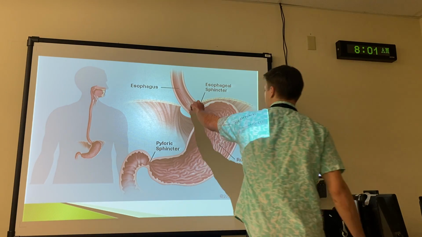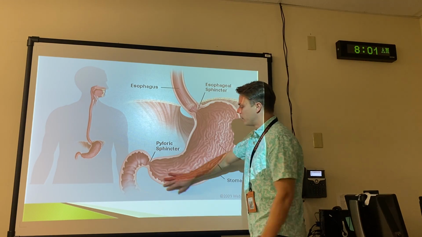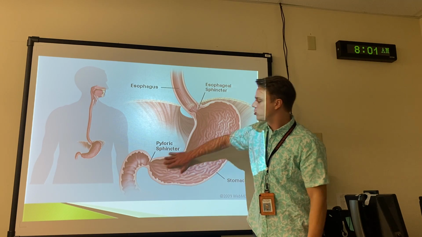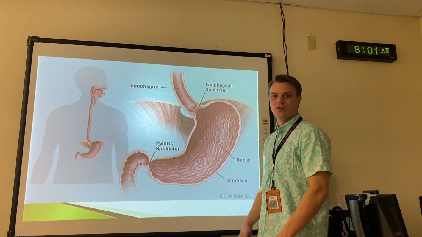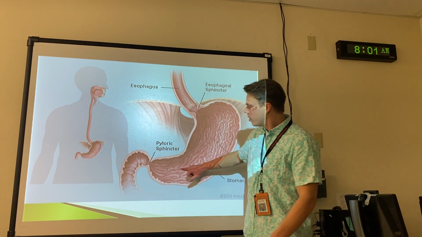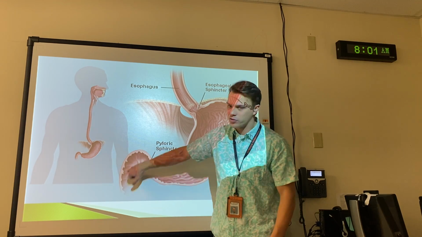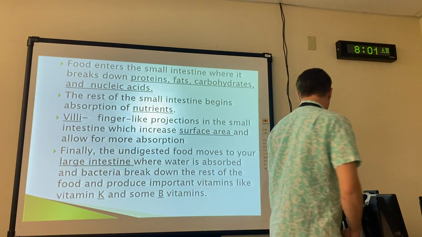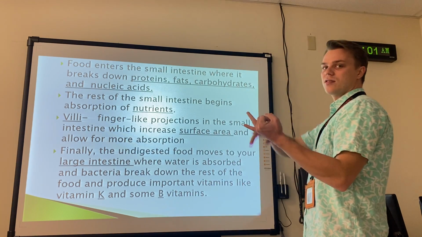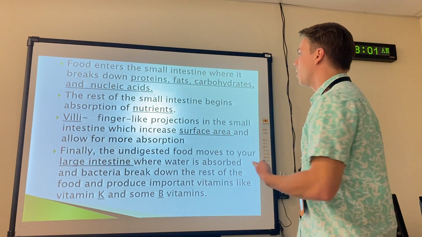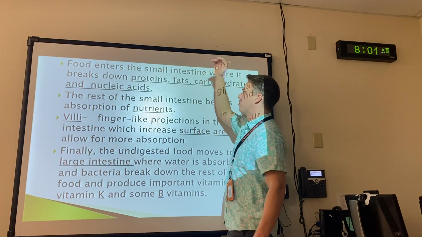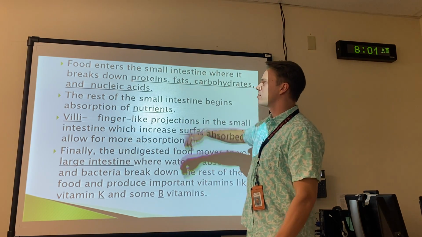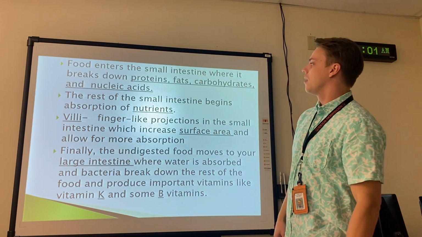And again, sphincter here, sphincter here. Once you develop a nice soupy sludge of your food, and it's not a solid piece anymore, your sphincter will open up and then it will enter your small intestine. So it goes mouth, esophagus, stomach, then to the small intestine where we continue to break down proteins, fats, carbohydrates, and nucleic acids.